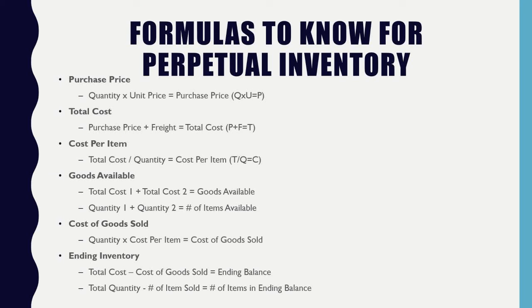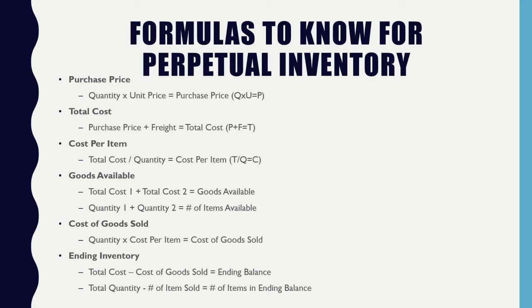Okay, so again, the formulas are similar yet different. How we understand it is, when we make our purchases of inventory, we're going to see our quantity times our cost per item, our unit price, to give us our total purchases.